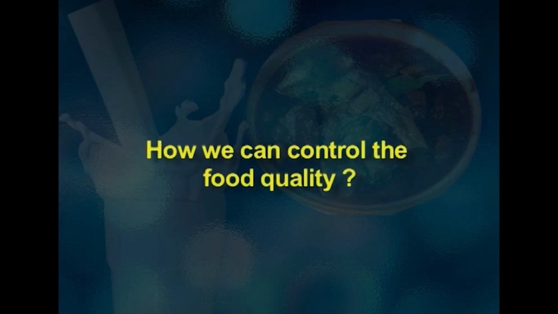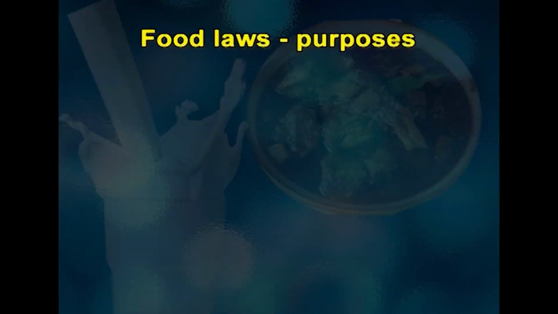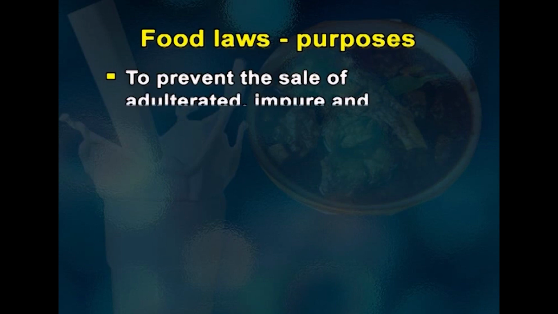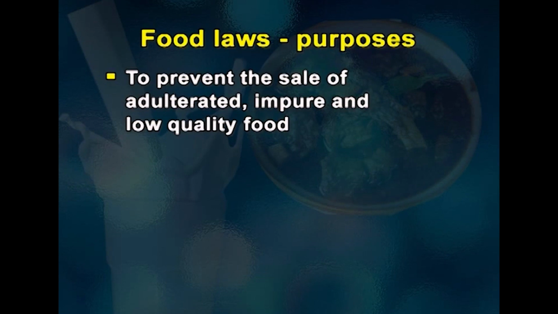How can we control the food quality? Food quality can be achieved by legislative measures, certification schemes, and public participation and involvement in the program. What is the purpose of developing these food laws? First, to prevent the sale of adulterated, impure and low quality food.